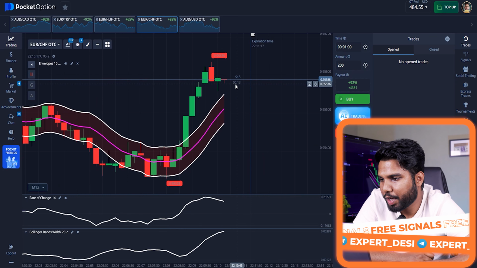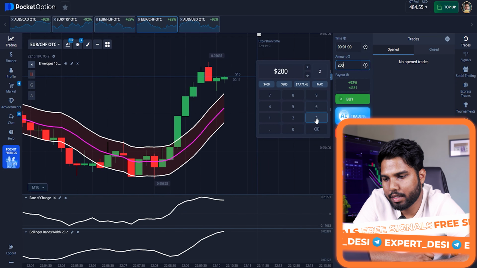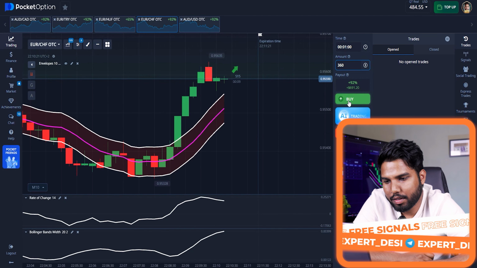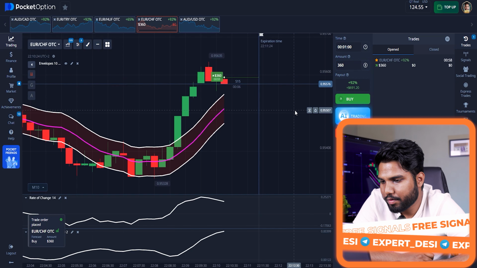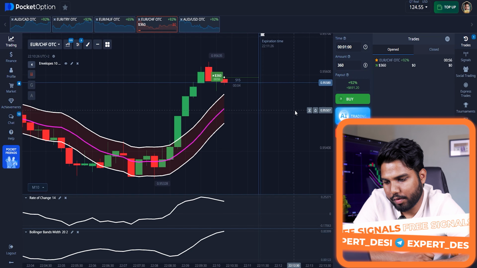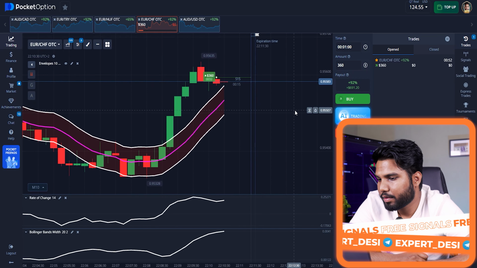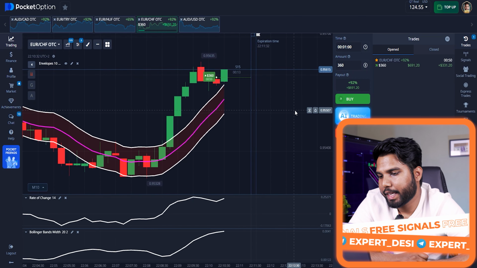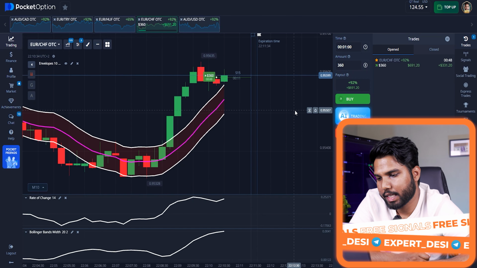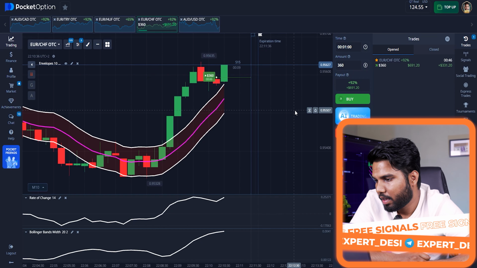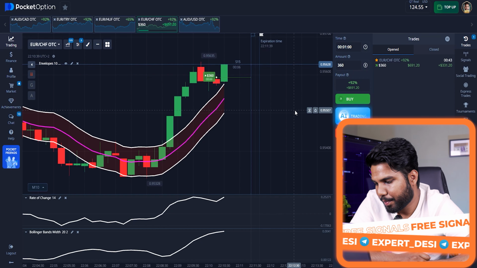Okay, so let's change to the EUR and CHF pair, increase the amount to $300 and open a trade in buy position. Let me explain why. First, we can see with the envelopes that the candles are outside this band, outside the envelopes.